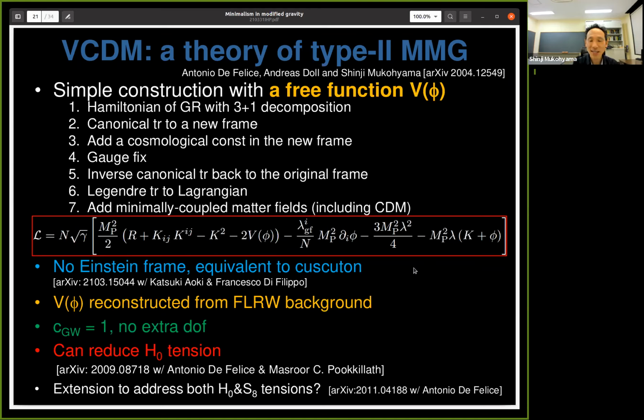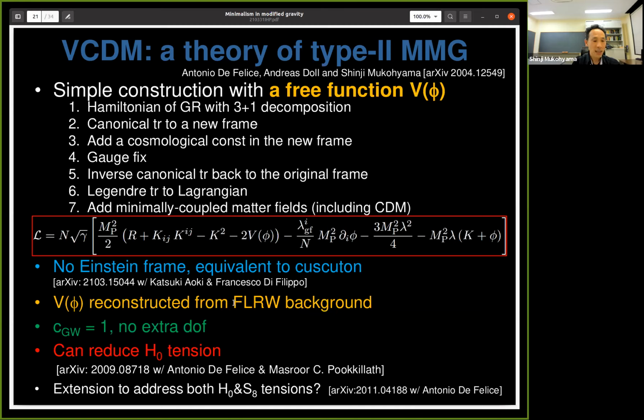We have recently shown that there is no Einstein frame, and indeed this is equivalent to the so-called Cuscuton. Also, any Friedmann background can be reconstructed by choosing a proper function V of phi.